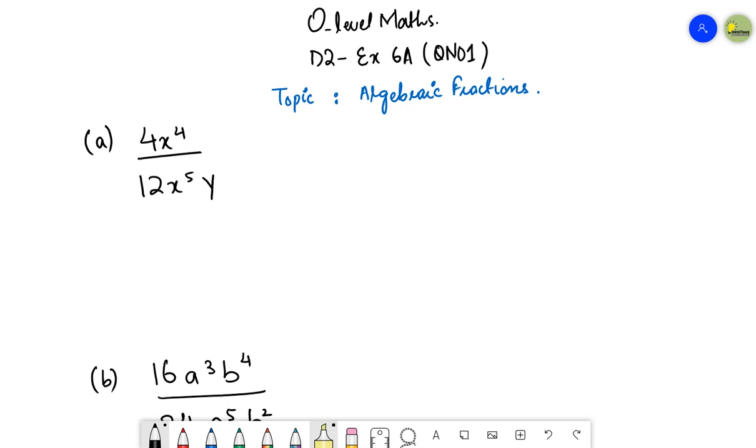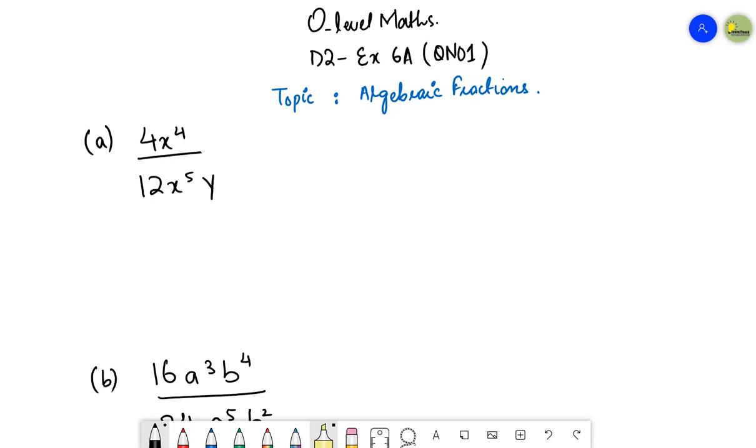In part A, I have given an algebraic fraction, that is 4x raised to the power 4 divided by 12x raised to the power 5 y. This is a fraction in which I have numerator and denominator, different values present in the numerator and denominator. So keep in mind that whenever you have fractions present, there is cancellation done in the like variables or in the like terms, right?